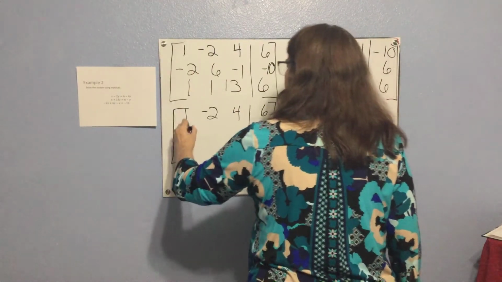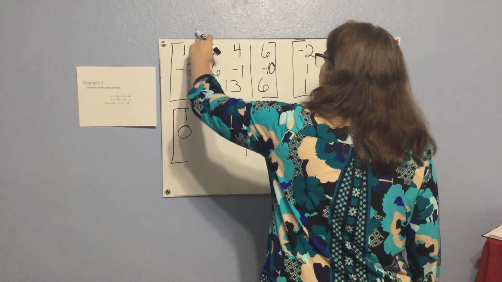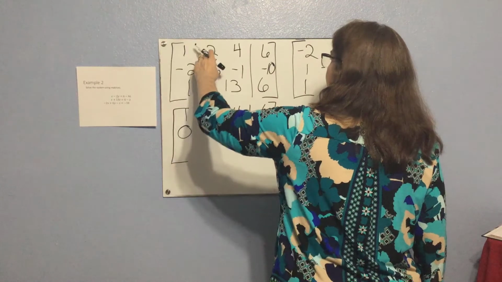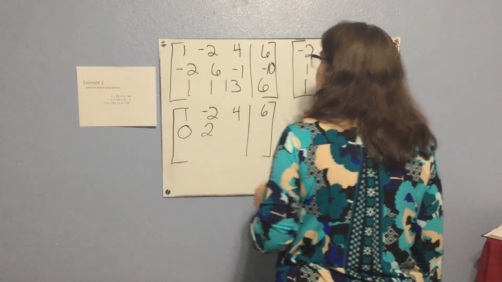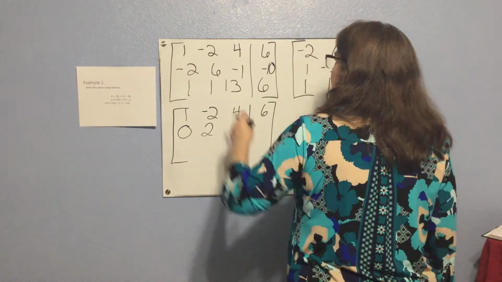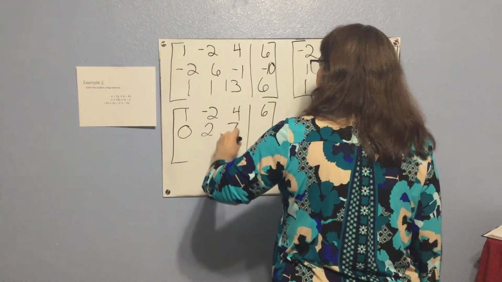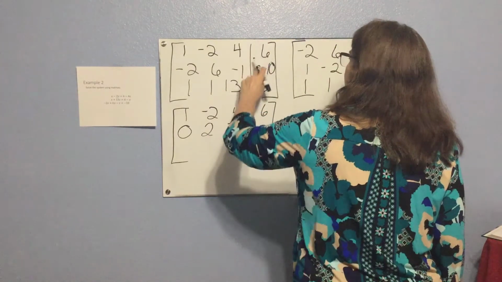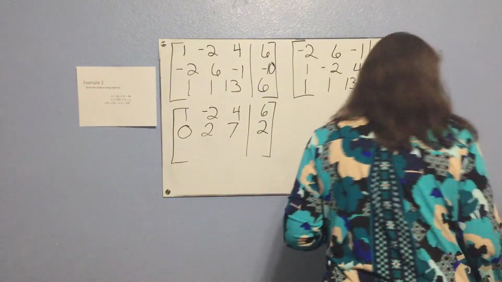So 2 minus 2 will give me 0. -2 times 2 would be -4 plus 6 gives me 2. And then 8 minus 1 will give me 7. And 12 minus 10 will give me 2.